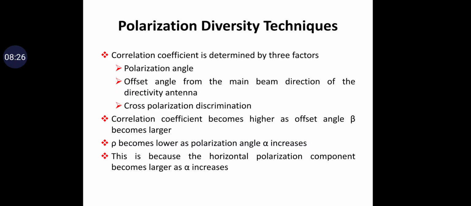So the correlation coefficient is determined by three factors. One is the polarization angle, the second one is the offset angle, and the third one is the cross polarization discrimination. The correlation coefficient becomes higher as the offset angle beta becomes larger. Rho becomes lower as the polarization angle alpha increases. This is because the horizontal polarization component becomes larger as alpha increases.